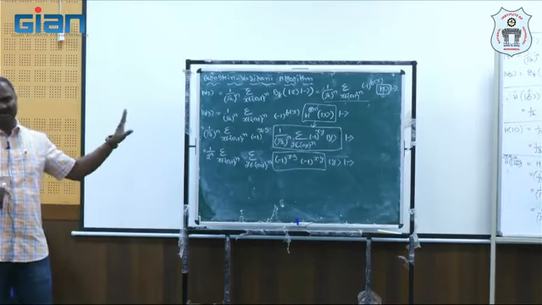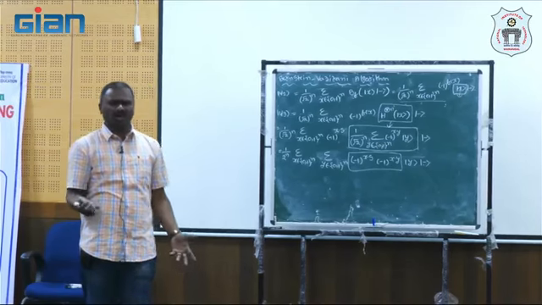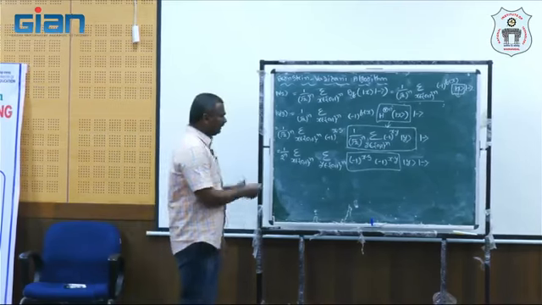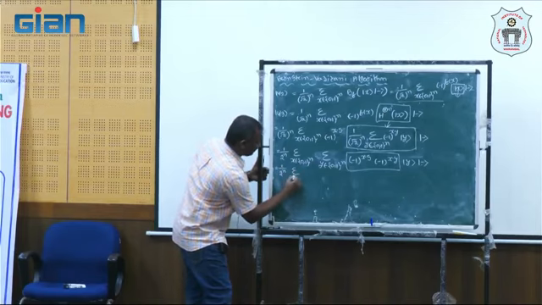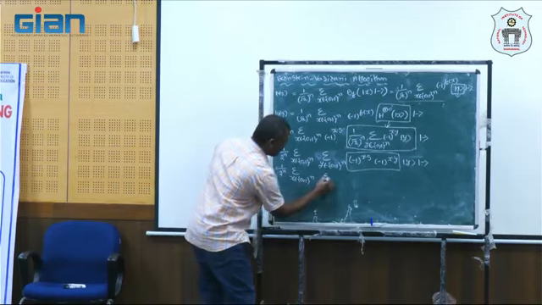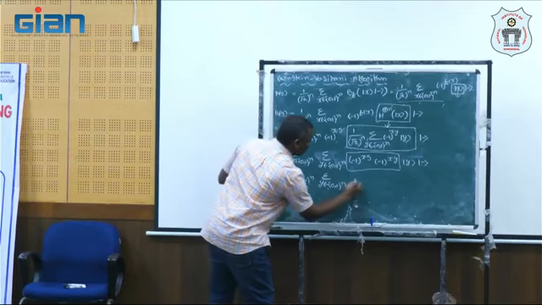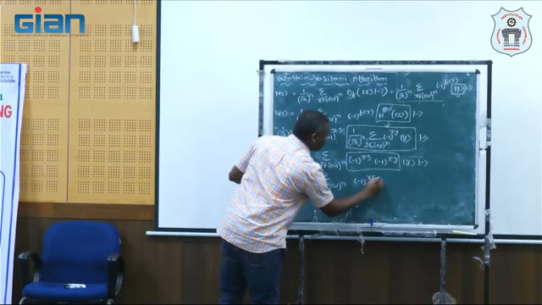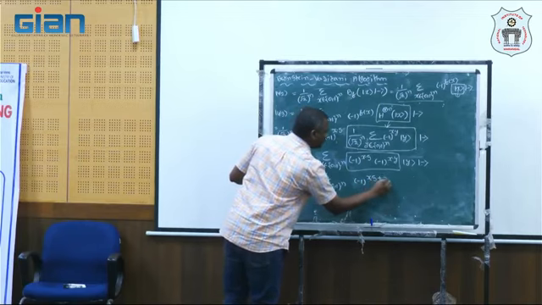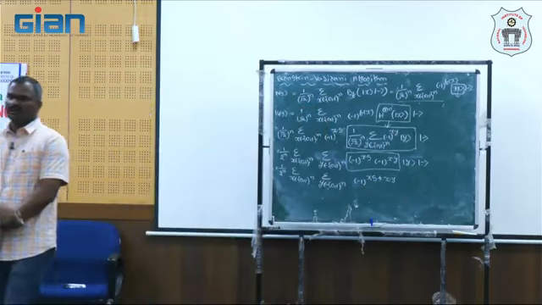X and s are n bit strings, but x·s is either 0 or 1. Now what can we write? 1 by 2 power n, sigma x belongs to {0,1}^n, sigma y belongs to {0,1}^n, (-1) whole power x·s plus x·y. Is that okay?